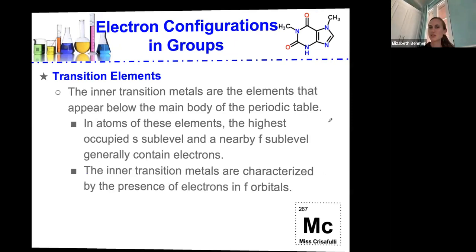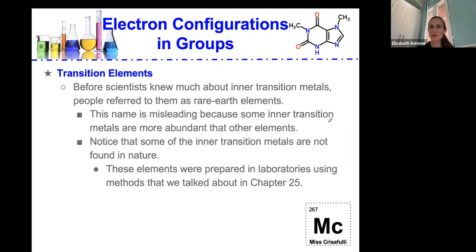Before scientists knew much about these inner transition metals, people referred to them as the rare earth metals. This name is misleading because some inner transition metals are actually more abundant than other elements. Notice that some of the inner transition metals are not found in nature. These elements were prepared in laboratories using methods that we will talk about in chapter 25.